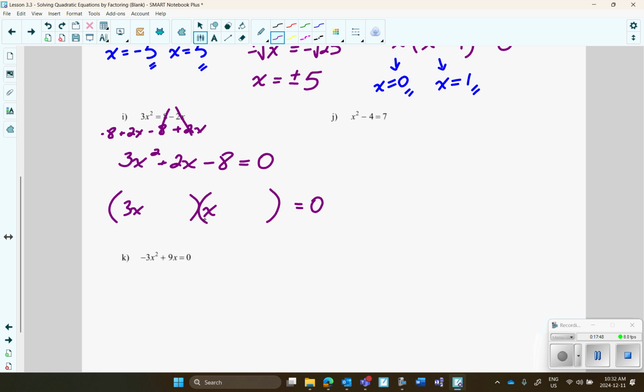But remember, try the two numbers that are closer to each other first. So let's play around with 4 and 2. Minus 4 plus 2. Let's see if that works. 6x on the outside, minus 4x on the inside, together make plus 2x. That's a good one. Works.